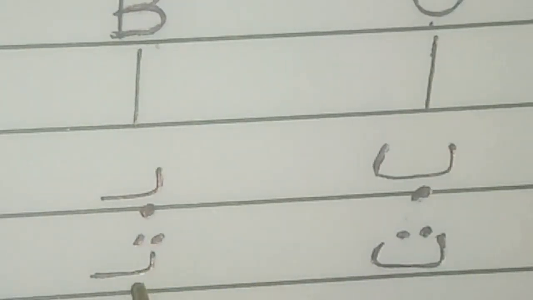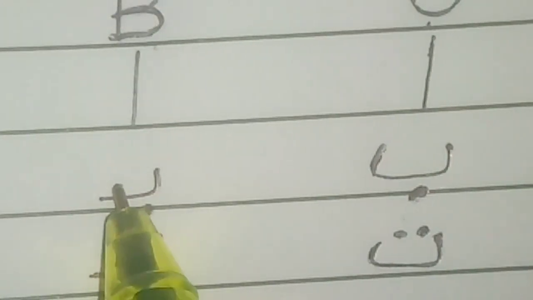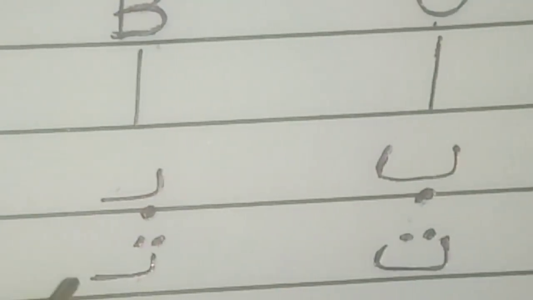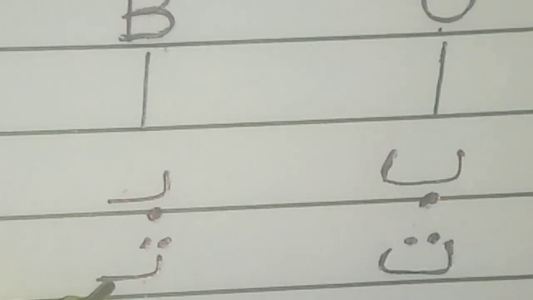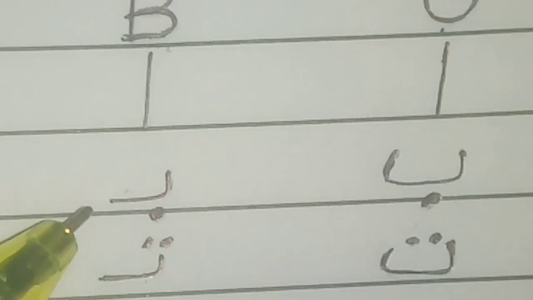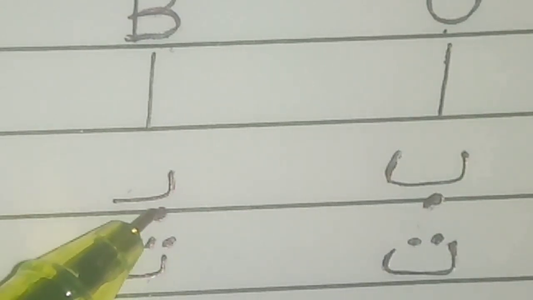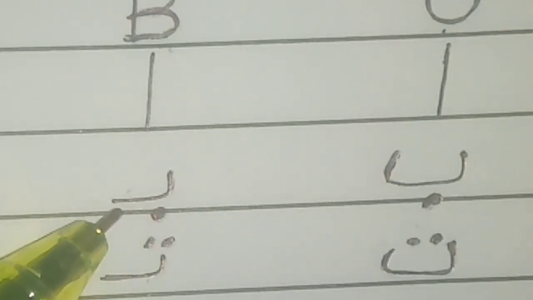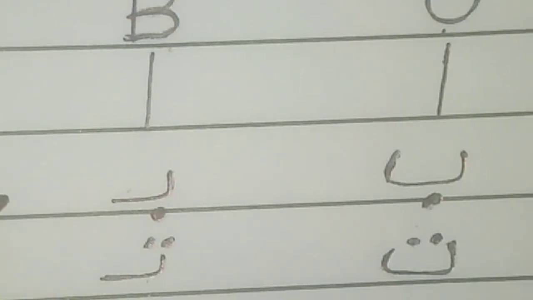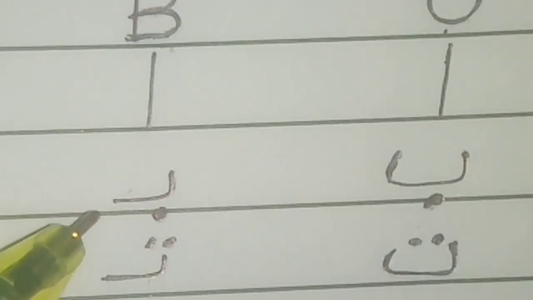So you'll be able to differentiate this from this by knowing the amount of dots they are carrying. So once you have the knowledge that the Ta has two dots above it and the Ba just has one dot under it, you'll be able to tell their differences. So this was why I was emphasizing on you knowing the amount of dots each alphabet is having.